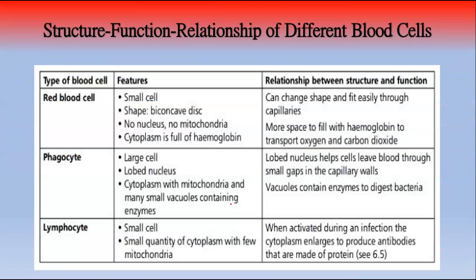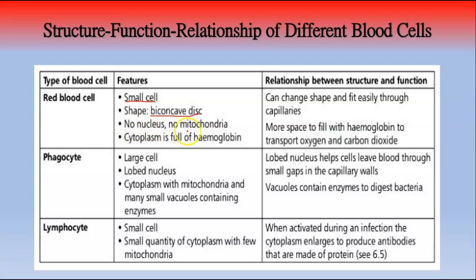Good. Let us look at the structure-function relationship of different blood cells. It's basically a revision of what we have explained before in this video and in previous videos on the same topic. Red blood cells are small. They are shaped like a biconcave disc.